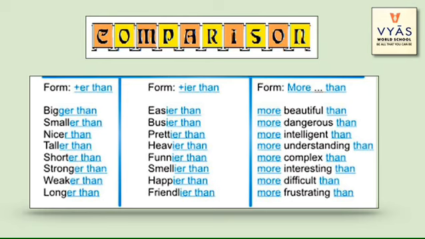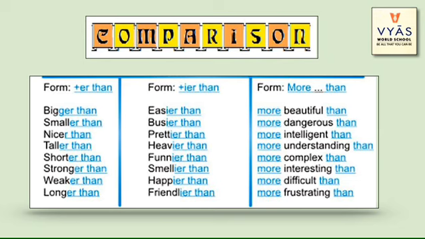So the next thing that I would like to bring to your notice here is words that end with Y. I repeat, words that end with Y. In that case, we remove the letter Y, and in place of Y, we write IER. For example, look at the second column.